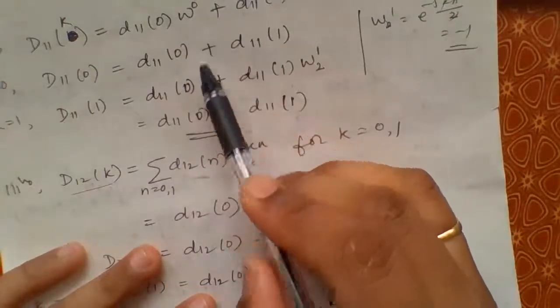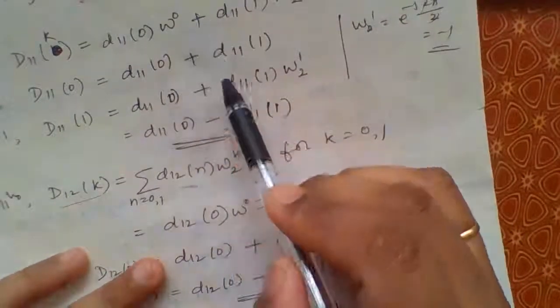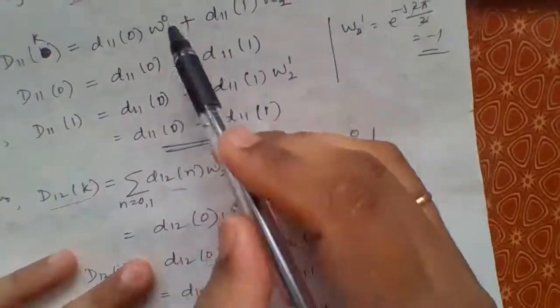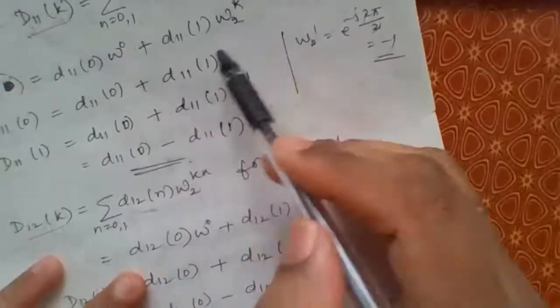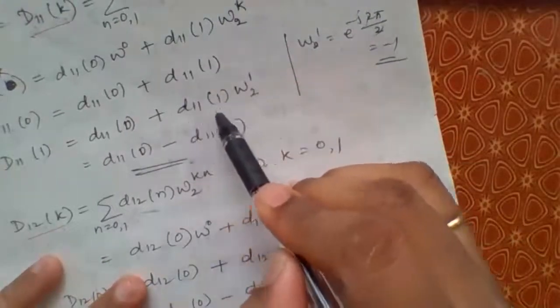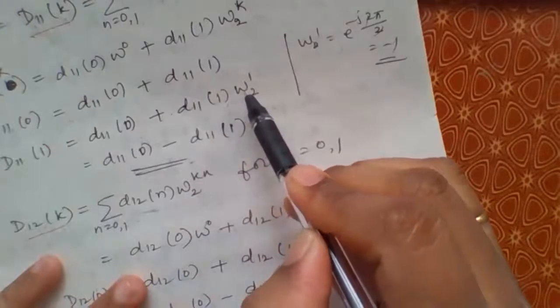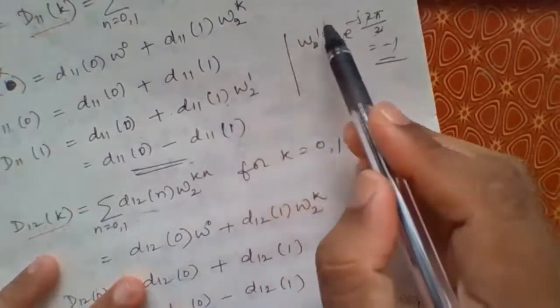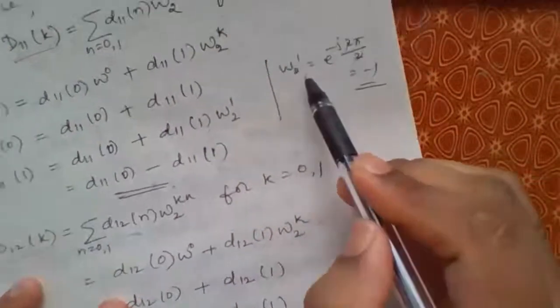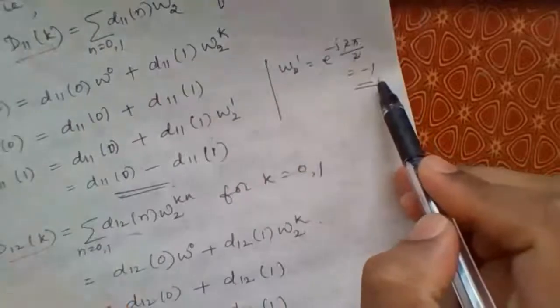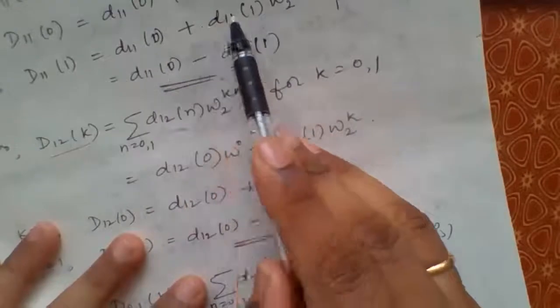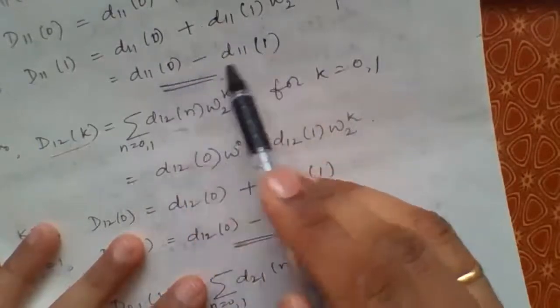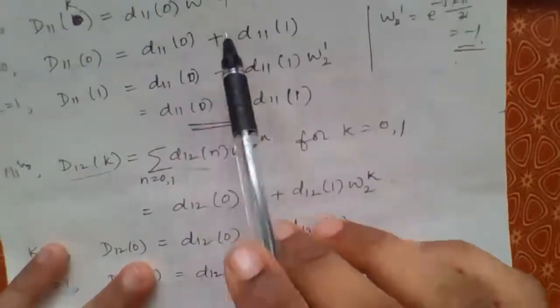The first part, W raised to 0, will not change, it is 1, but the second term D11 of 1 will be multiplied by W raised to 1. When you simplify W raised to 1 with suffix 2, it gives minus 1. Because of that minus 1, it gives you the difference. So one addition, one subtraction.